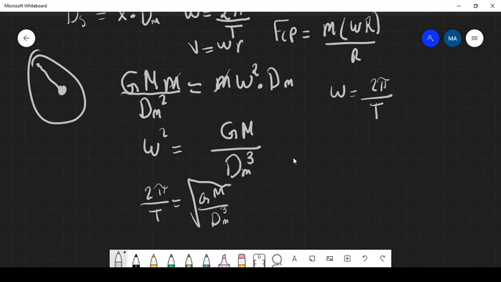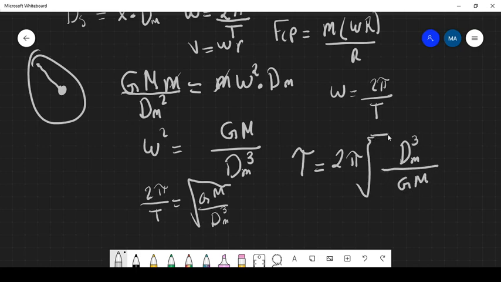Okay, so T, the period of the moon, which he already gave us, is 27 days. It's equal to 2 pi times the square root of the distance to the moon from the center of the earth cubed divided by GM. So this will give us the period of the moon. Now he already gave us this.